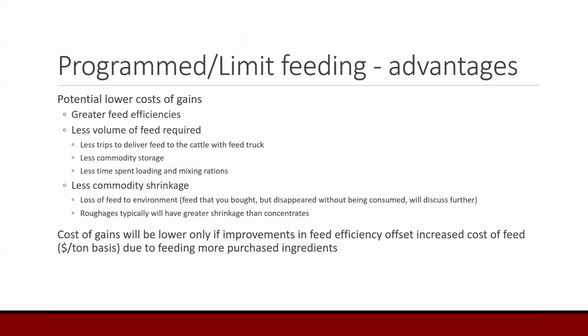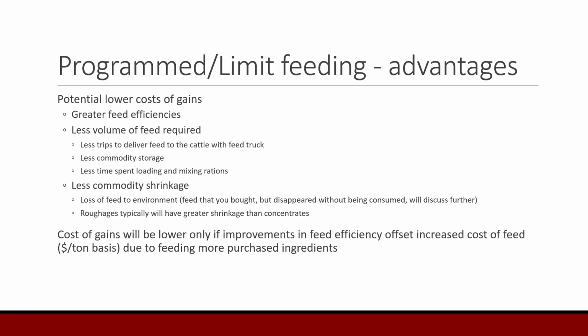Okay. Advantages. Potentially lower costs of gain, if feed efficiency, so feed to gain, is reduced enough to offset that additional feed cost of buying in ingredients. You require less volume of feed, right? You deliver less feed to cattle each day because you're feeding them less.